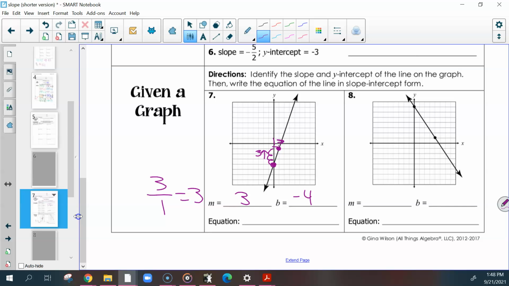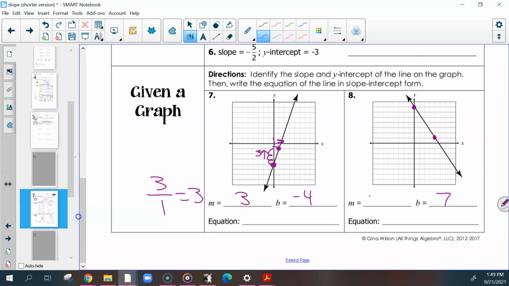For number 8, again, the y-intercept, we could look and see where does this cross the y-axis. And then for our slope, we need to count. So I see these 2 points. We need to count rise over run, what would that be? Negative 6/4, but let's simplify that.